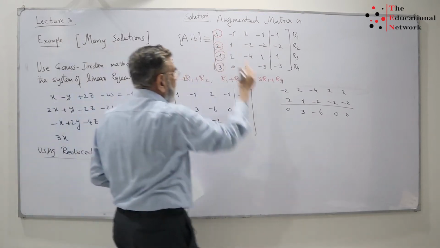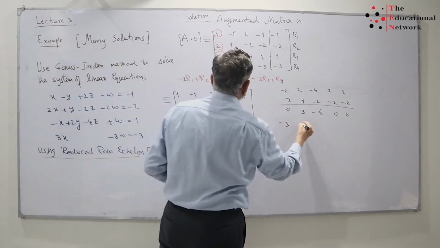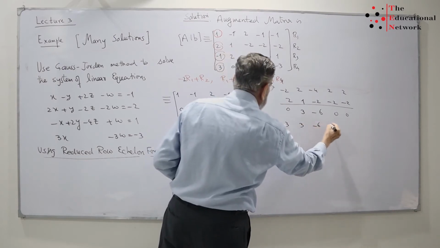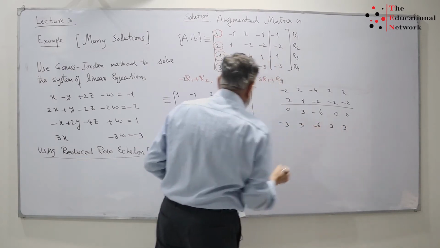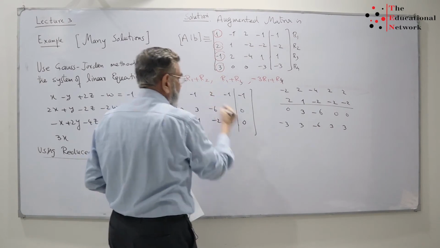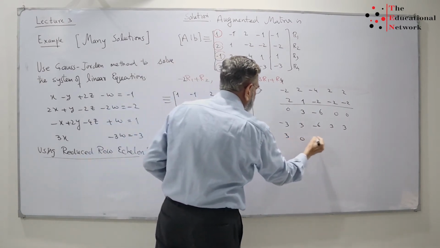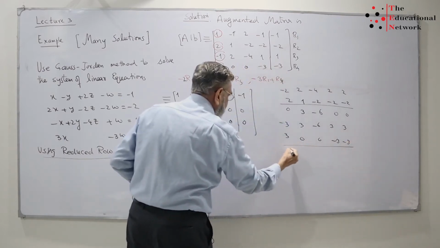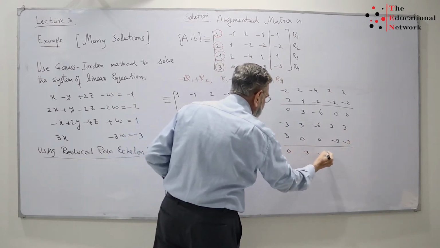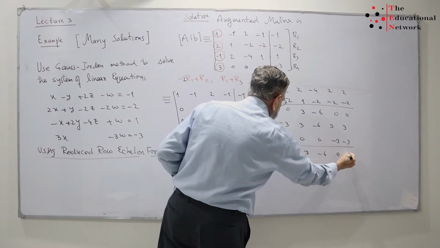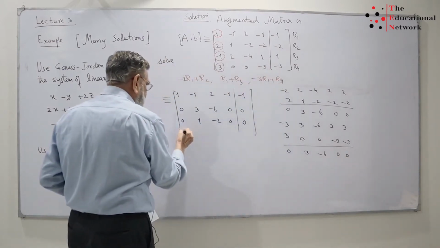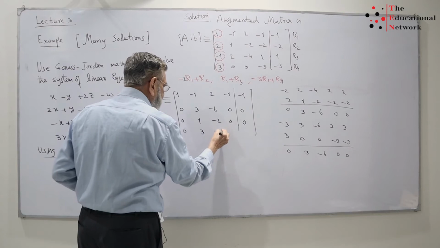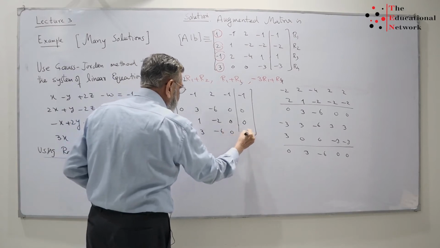So multiply by -3, I get -3, 3, -6, 3 and 3. My R4 values are 3, 0, 0, -3, and -3. We add it, I get 0, 3, -6, 0, 0. So I can write this one as 0, 3, -6, 0, and 0.